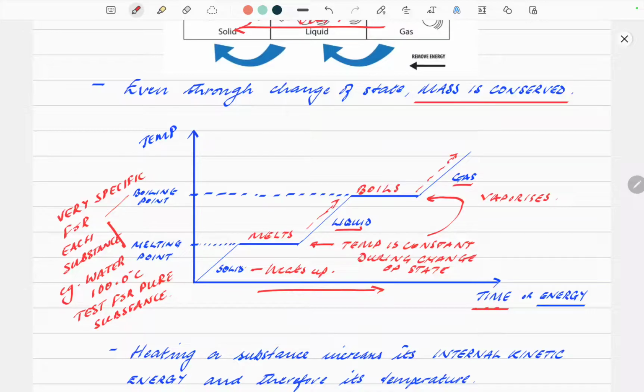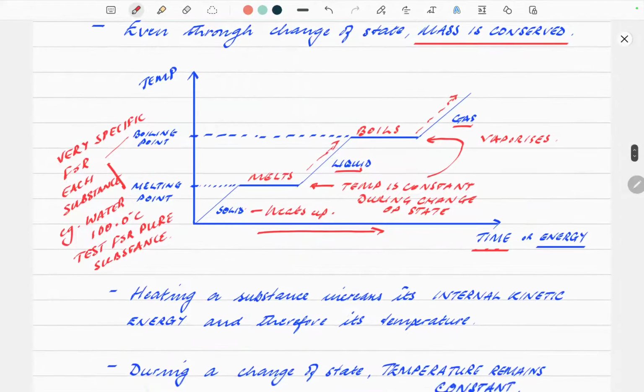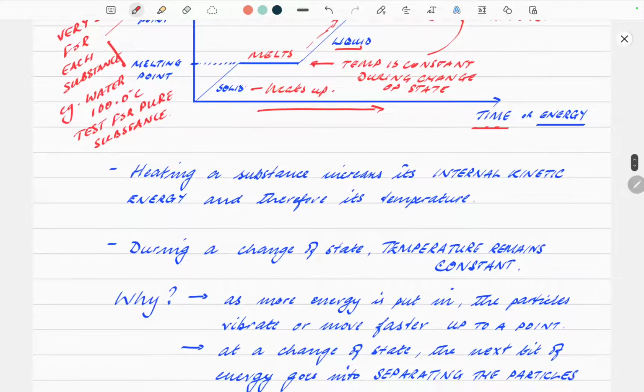All right. Now, the important thing to take away from that whole graph and discussion is that temperature remains constant whilst a substance is changing state. All right. And then once it is fully changed state, whatever amount you have, then the temperature will continue to change thereafter. And explaining that a little bit more, all right? We've already talked about that.